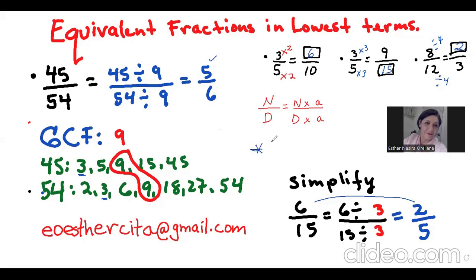If I have 4/5 and I multiply 4 times 2, 5 times 2, I'm going to have the equivalent fraction 8/10. And I can multiply 8/10 by 3, and I'm going to have 24/30, and that will be an equivalent fraction of 4/5.